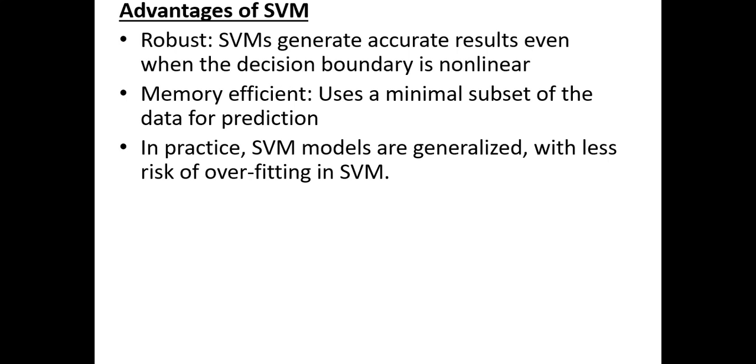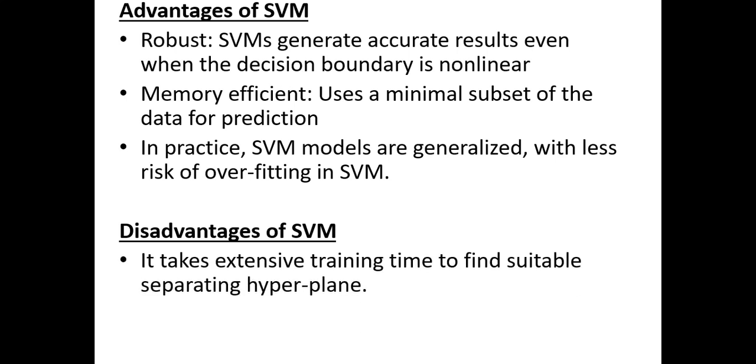Now the disadvantages. It takes extensive training time to find a suitable separating hyperplane. So when we train our model, getting a proper hyperplane, meaning a proper classification line, takes more time.